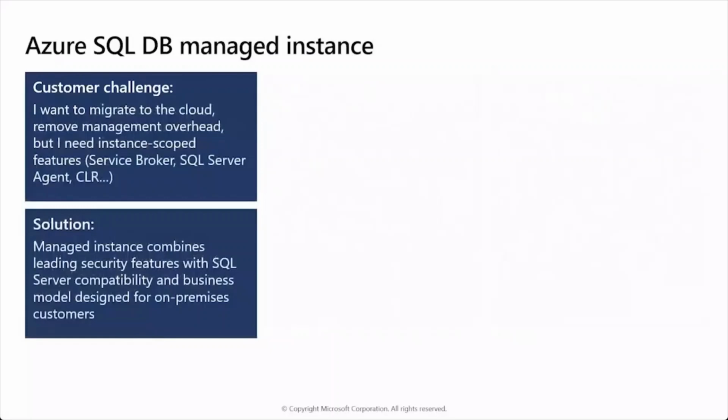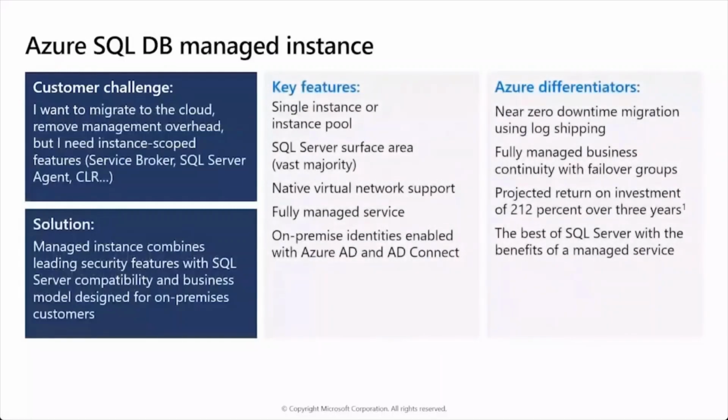So to check the trustworthiness of a communicating party, managed instances constantly verify the certificates through a certificate revocation list. So if the certificates are revoked, the managed instance will close the connection to protect the data. Now, managed instances has near 100% capability with SQL Server Enterprise Edition running on premises.